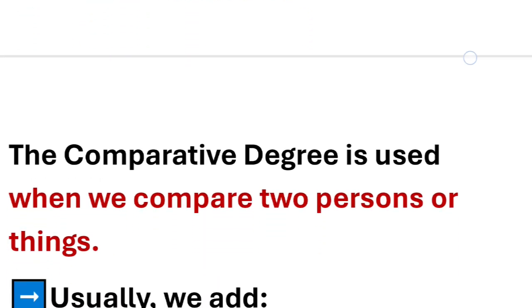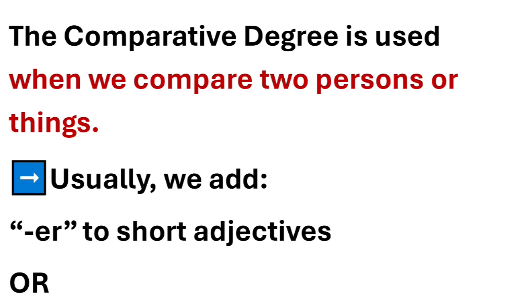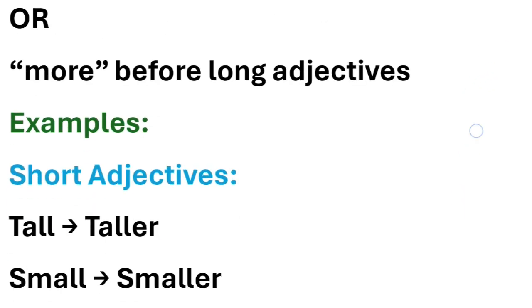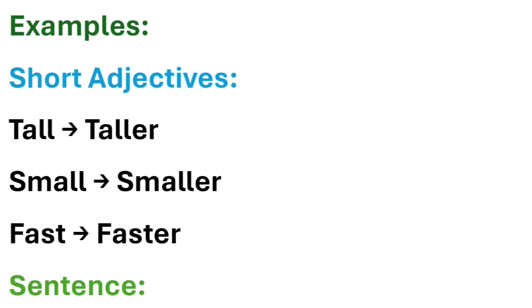Now the next one is the comparative degree. What is it? A comparative degree is used when we compare two persons or things. Just remember, the comparison happens between two people or things only. Usually we add er at the end of short adjectives, or more when we talk about long adjectives. For example, if we have a short adjective which has short syllables, for example, tall, we add er at the end of this word and it becomes taller. Small becomes smaller.